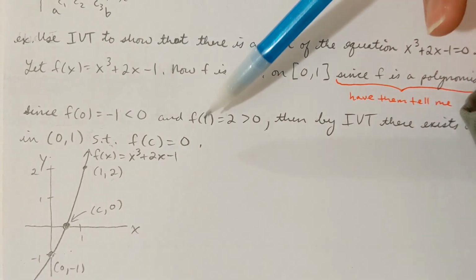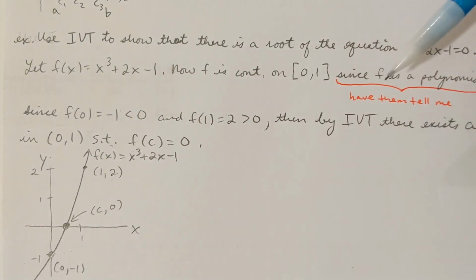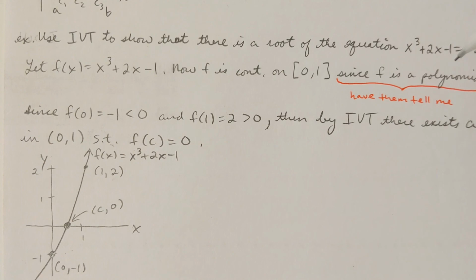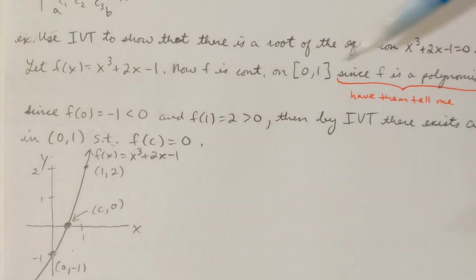You can't plug in 0, you can't plug in 1 if you have open circles there. So this has to be continuous on a closed interval. Then you can plug in your endpoints to see what the output is. So there's more to it than just plug in this number, plug in that number, and f of c is 0 at the end.